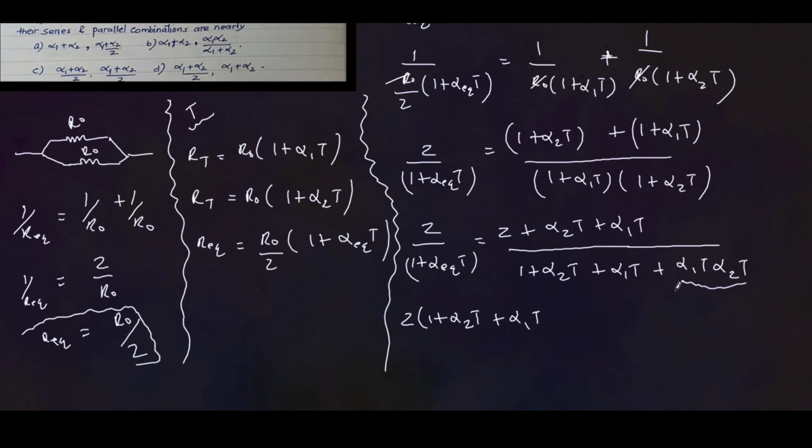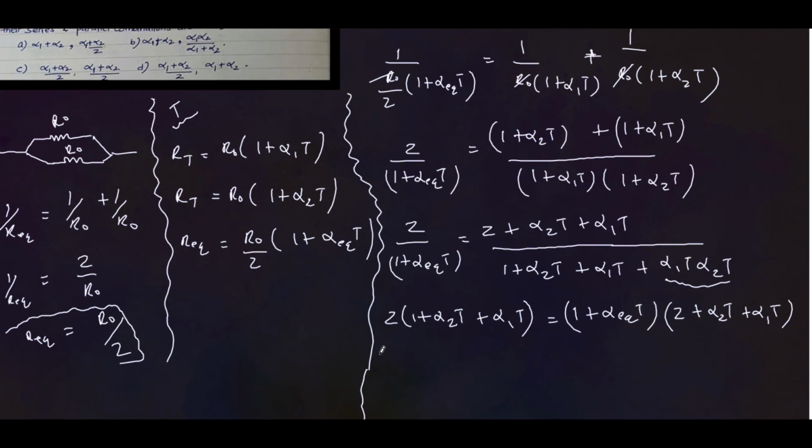Alpha is a small number, so if I multiply alpha 1 and alpha 2, that will be a very small number, so I am avoiding that. Here it will be (1 plus alpha eq T) into (2 plus alpha 2T plus alpha 1T). If there is alpha into alpha, we can avoid that because it will be very small.